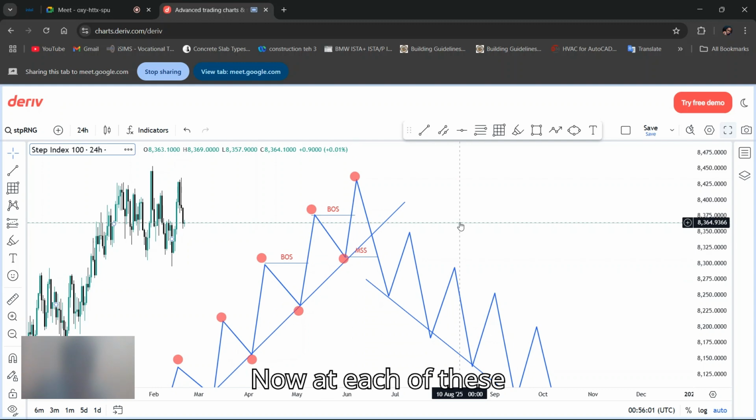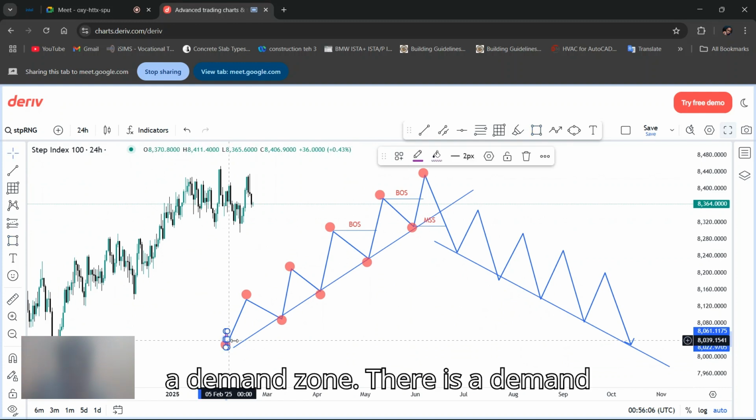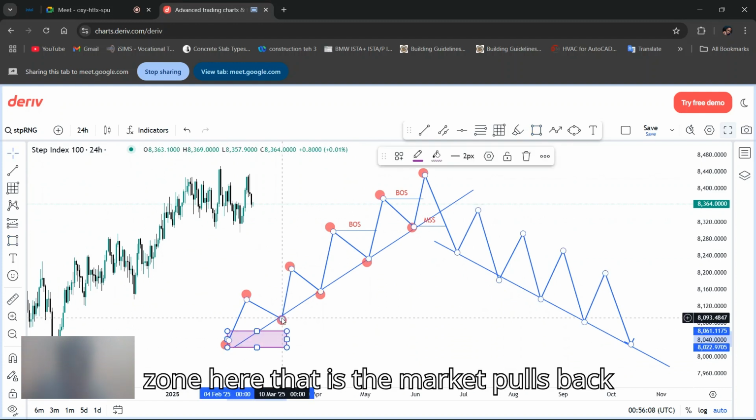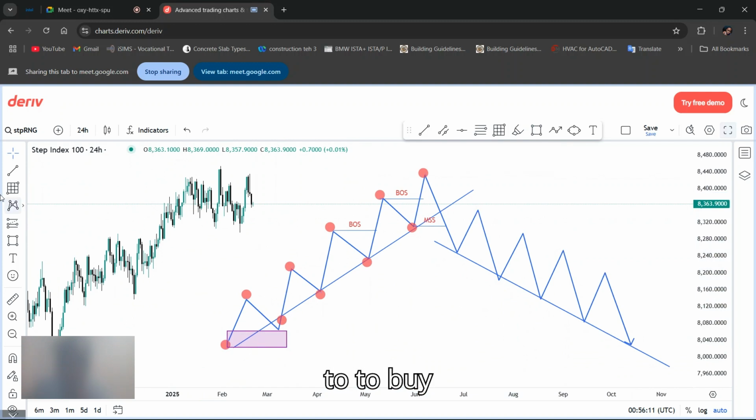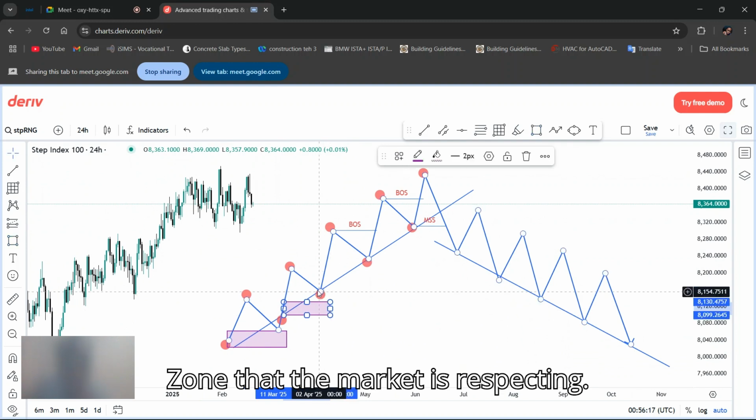Now, at each of these areas of the uptrend, we have a demand zone. There is a demand zone here where the market pulls back to buy. Each of these zones has a demand zone that the market is respecting.